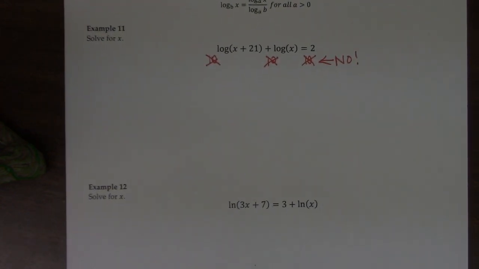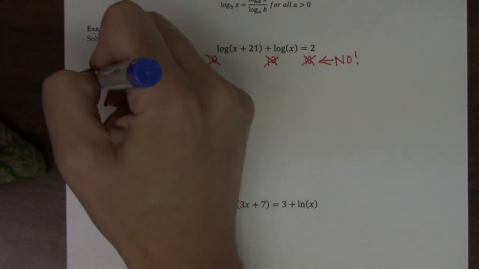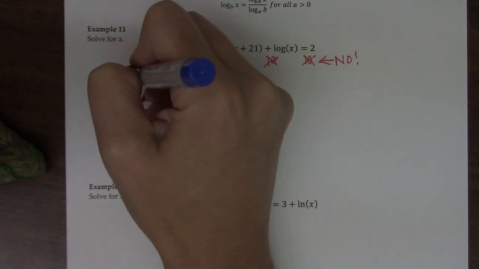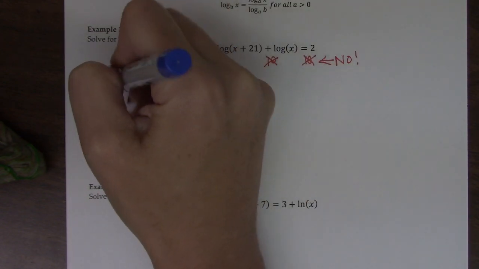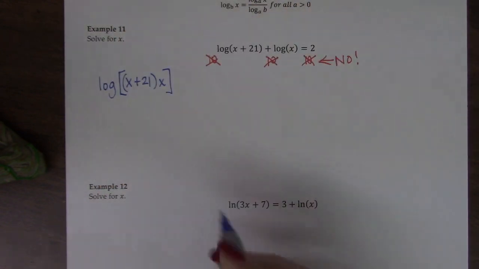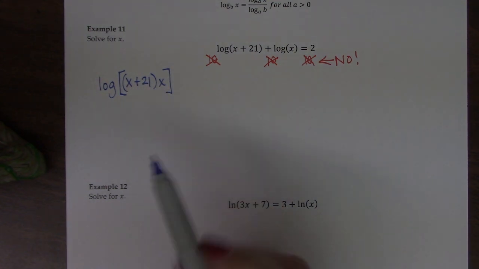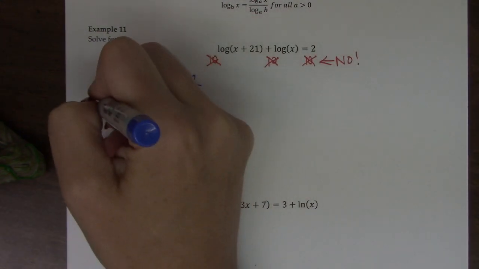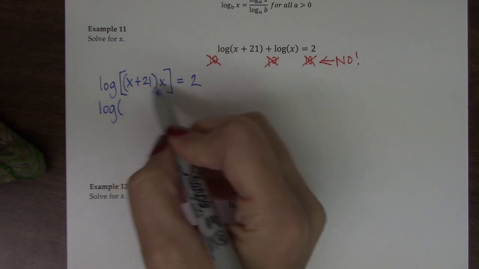So I'm going to apply that property, and I'm going to say, well, log of this plus log of this is log of x plus 21 times x. I'm only using the brackets that way so we can see that these two expressions are both inside that log. This equals 2. And just to make this a little simpler, I'm going to go ahead and distribute this x across.